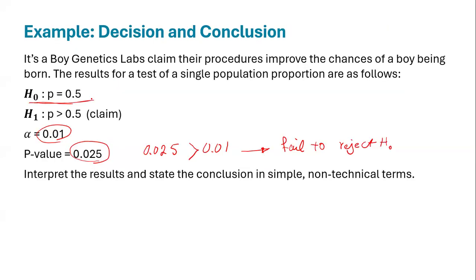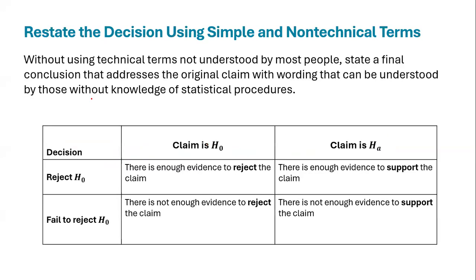How do we know if I have to use the word reject or support in my final statement, my conclusion? Let's look at this table. If the claim is on the null, we always use the word reject in the final statement.